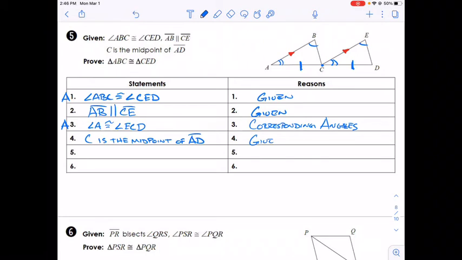Of course, this was given, and what we now know to be true is that AC is congruent to CD, and our reason here is by the definition of midpoint.